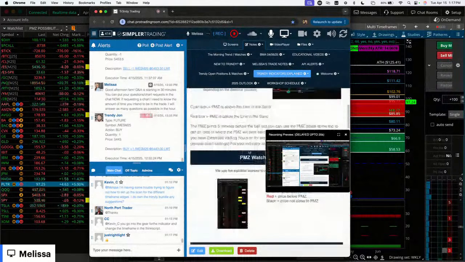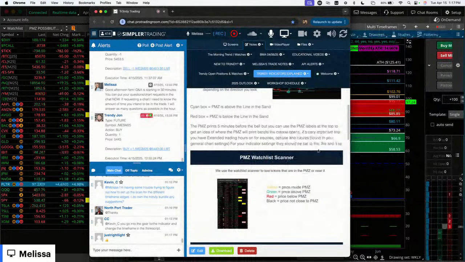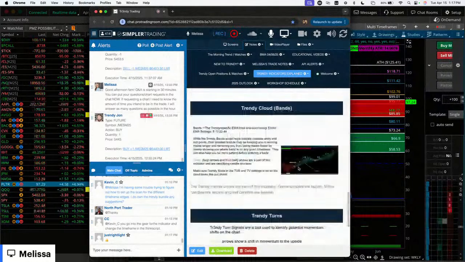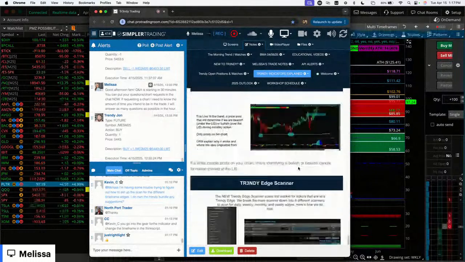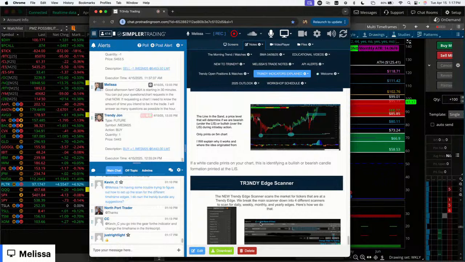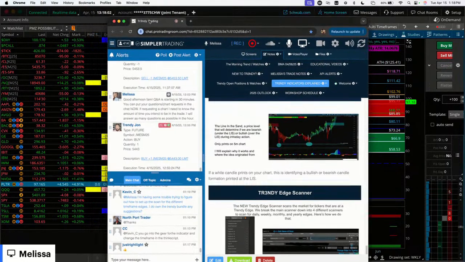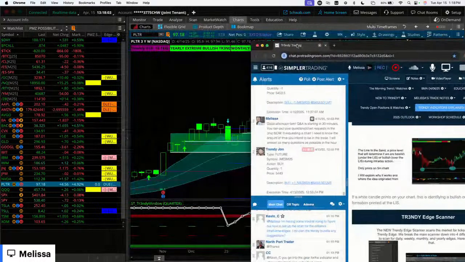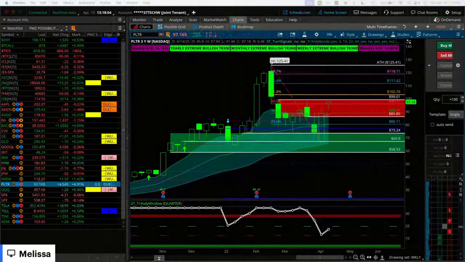If you go down here and look at the bottom, the Trendy Edge scanner, I go step by step showing how to set up the Trendy Edge scanner to include and scan for daily edges, weekly edges, yearly edges, monthly edges.